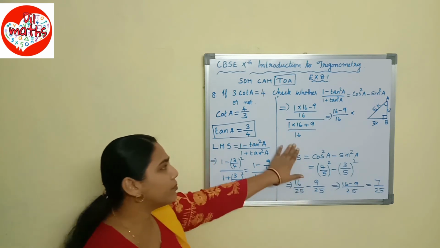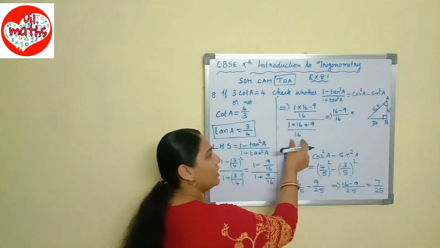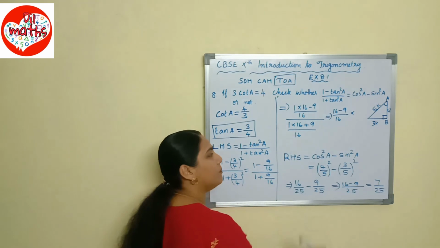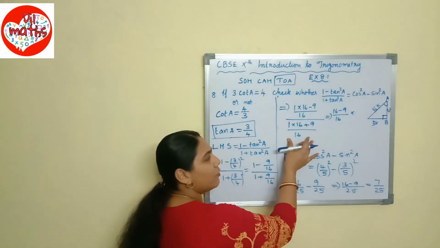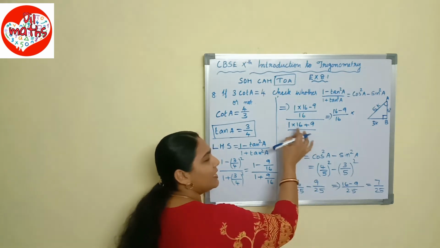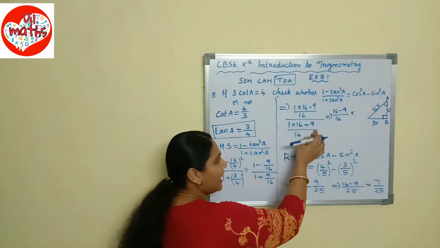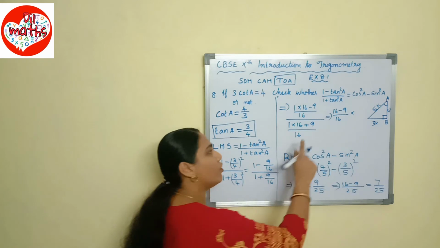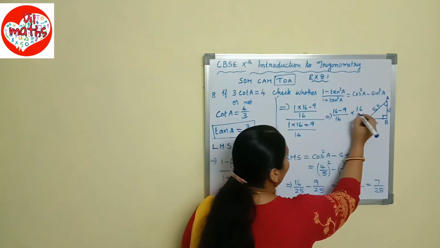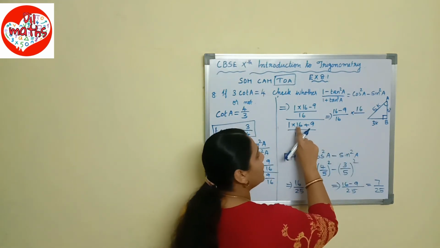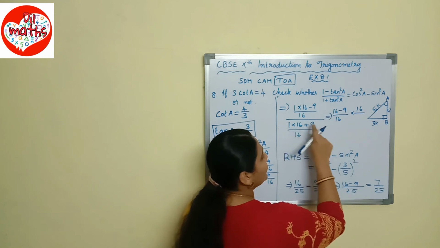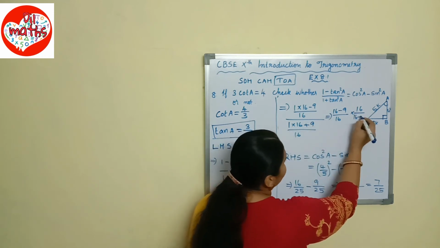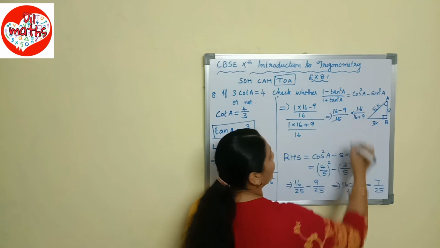If you take the reciprocal, the denominator becomes the numerator and the numerator becomes the denominator. The numerator here is 16 minus 9 and the denominator is 16, so 16 will go up. In the denominator we have 1 into 16 is 16, plus 9, and this 16 will get cancelled.